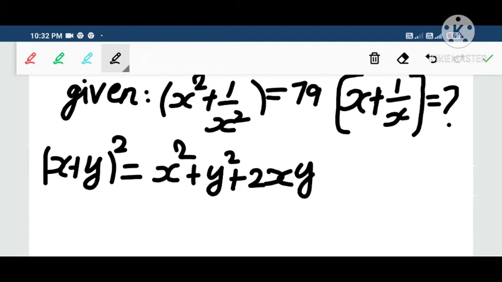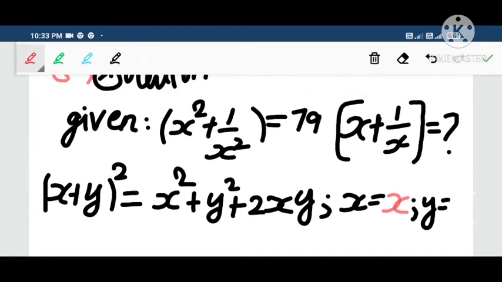Here x is nothing but x, we substitute it as it is. And the value of y we take as 1 by x.